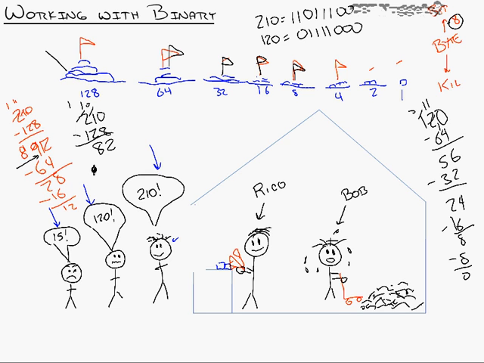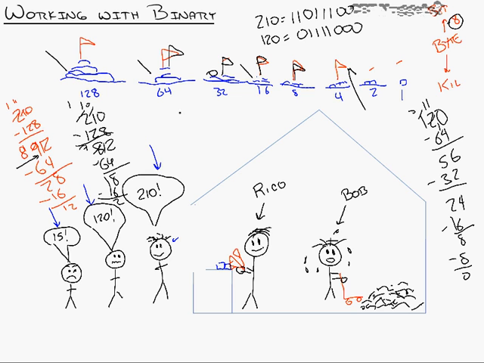So 82 minus 64 is 18, right? So no 32s. 16. Am I on the right track here? Okay. Sorry, I had to look at the calculator to make sure I had that funny wrong feeling. So 18 minus 16 is 2, so our last flag goes in the 2.